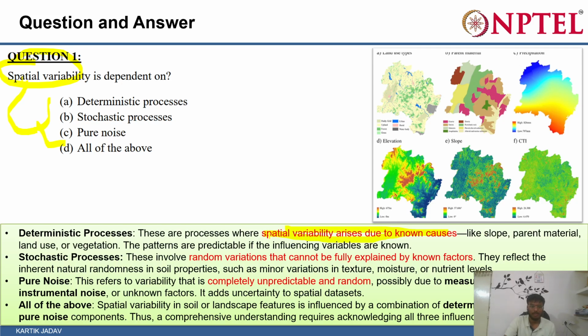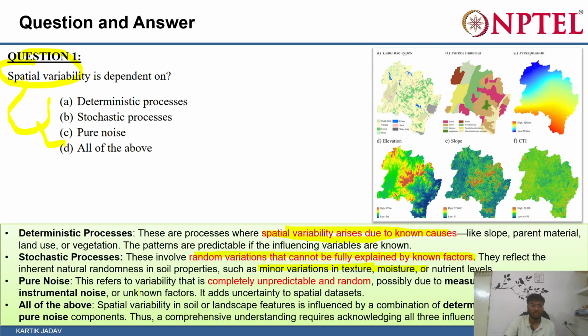The patterns are predictable if the influencing variables are known. While the stochastic process involves random variation that cannot be fully explained by known factors. They reflect inherent natural randomness in soil properties such as minor variations in texture, moisture, or nutrient levels.